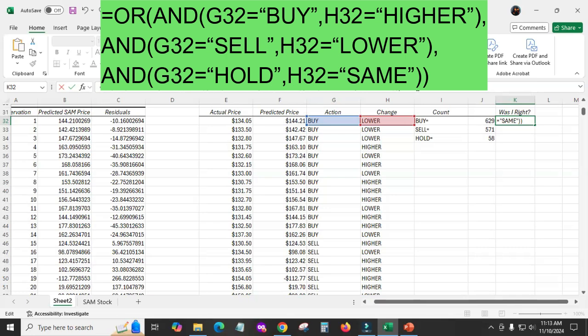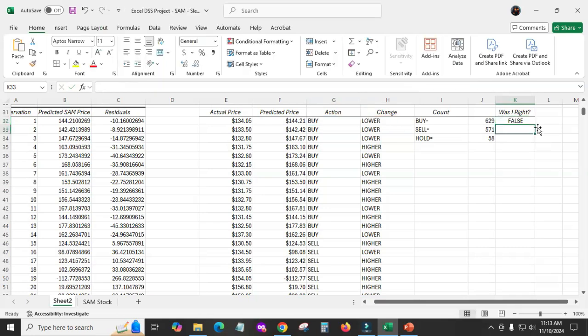I'm going to hit enter now, and we see that it's false, and that's correct. It is false. The action was to buy, and the price went lower the next day. It was supposed to go from 134 closer to 144, but in actuality, the price went down to 133. And then it looks like it started trending down and up again, and the model just seems a little weird here.